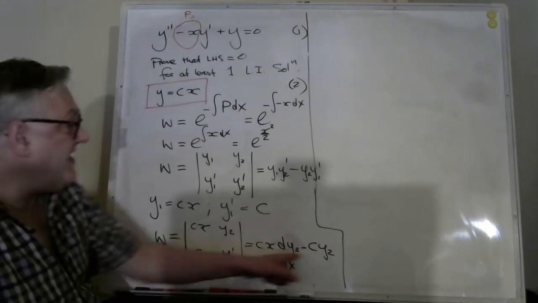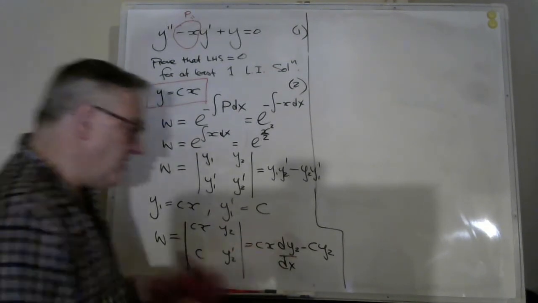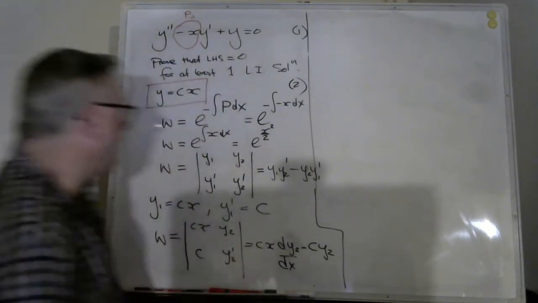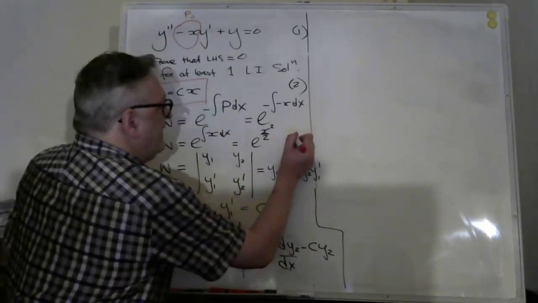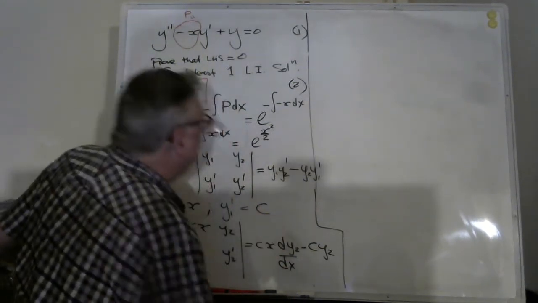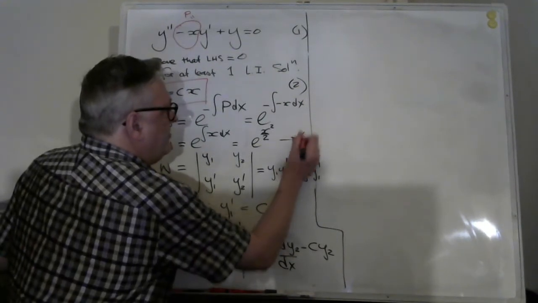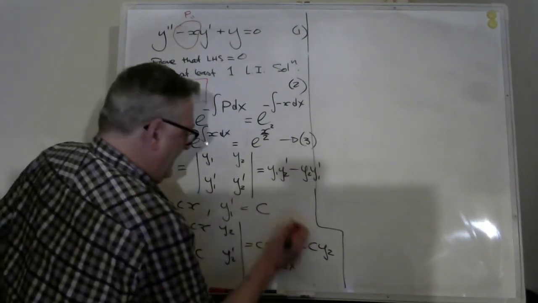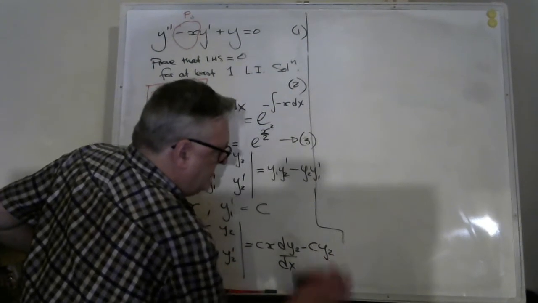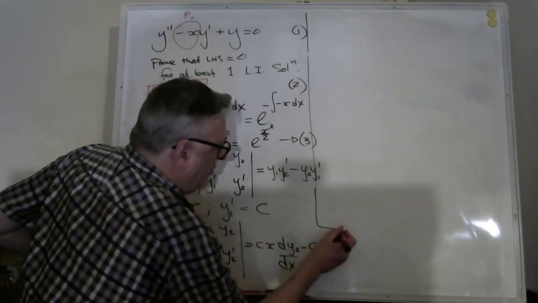And of course, really I should be labelling these equations. So this is equation 3 and this is equation 4.